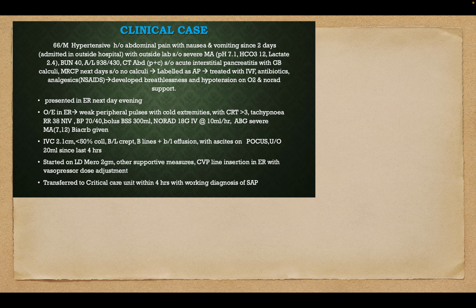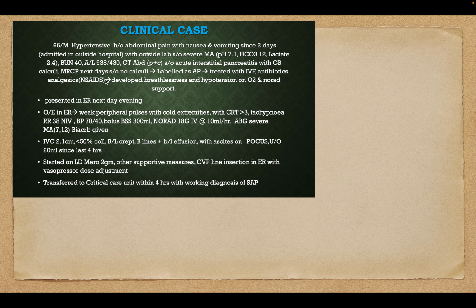So I'm starting with a clinical case. It is a 66 years old male, hypertensive, with history of abdominal pain with nausea and vomiting since last 2 days. That patient was admitted in an outside hospital with severe metabolic acidosis, as you could see, altered renal functions, and of course very high amylase and lipase, 938 and 430 respectively, with the CT scan suggestive of acute interstitial pancreatitis with gallbladder calculi.